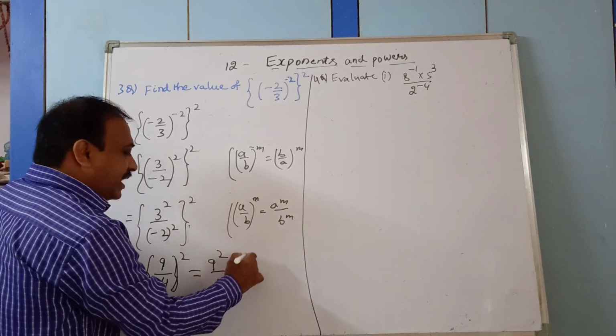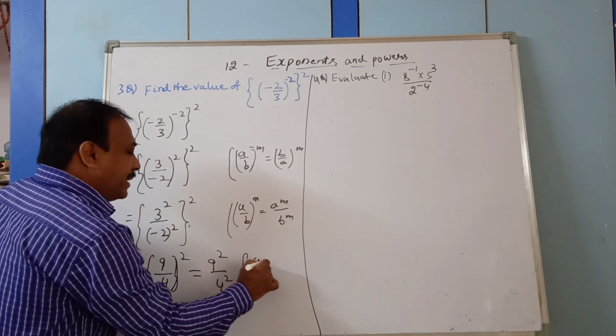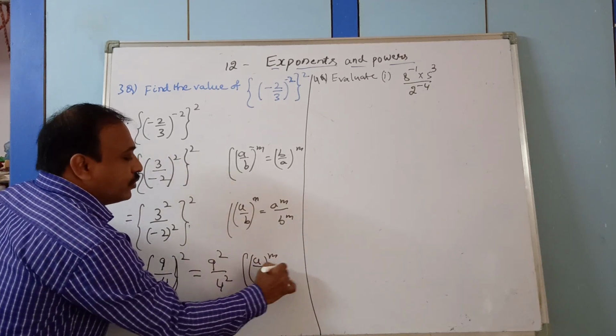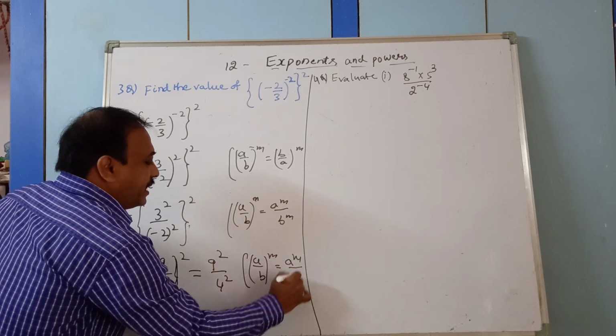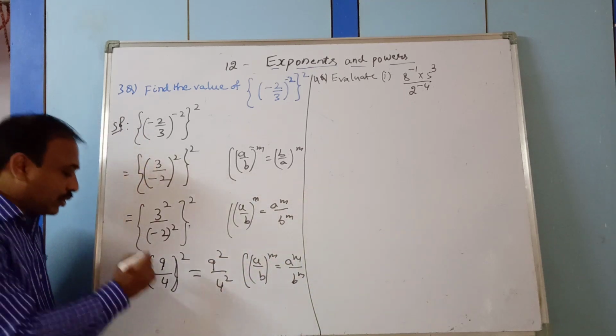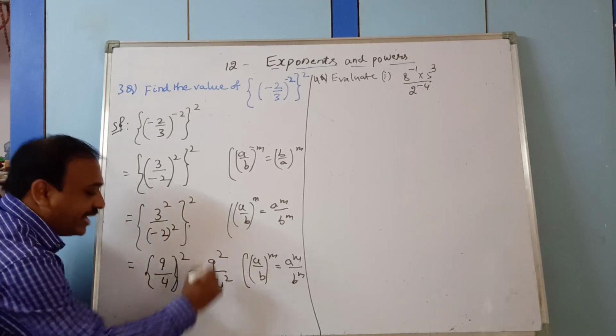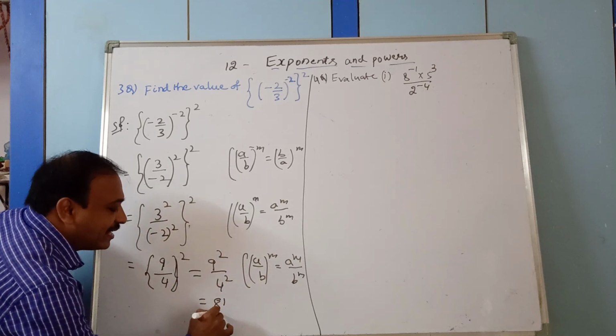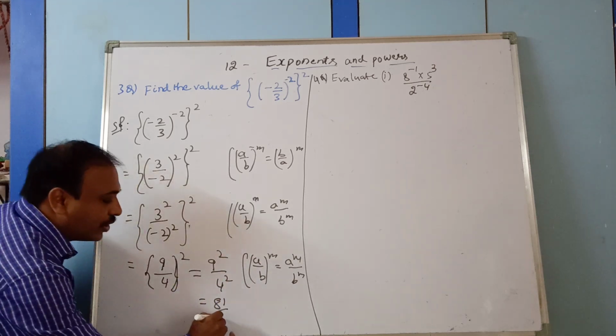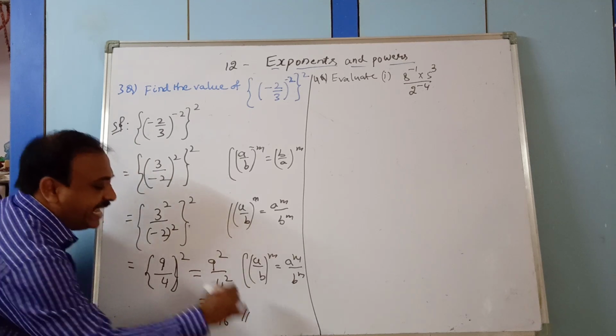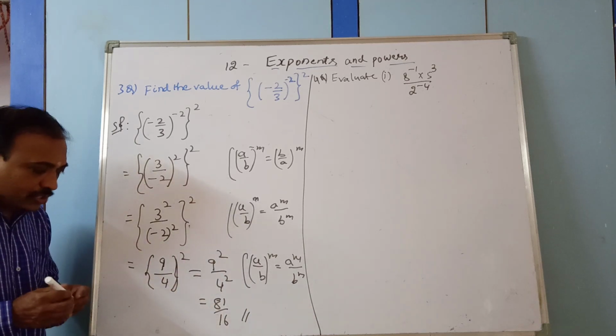Again the same formula we are using: (a by b) whole to the power m is equal to a to the power m by b to the power m. So 9 square is 81 and 4 square, 4 into 4, is 16.